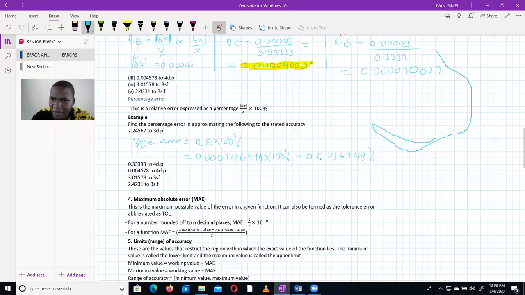Now here we have our percentage error. That's how we find percentage error. By approximating 2.24567 by 2.246, you create an error of this percentage. The percentage error will be this one here.